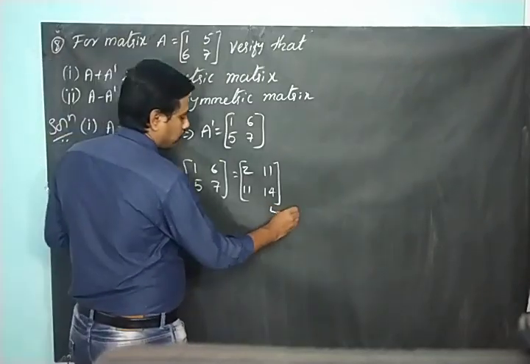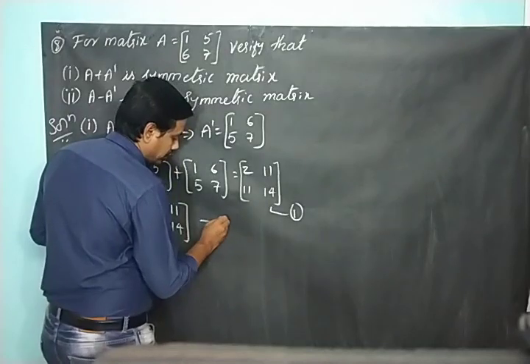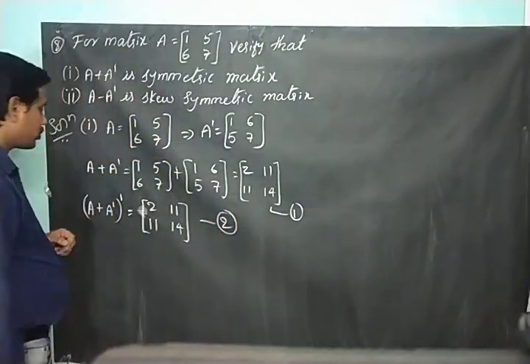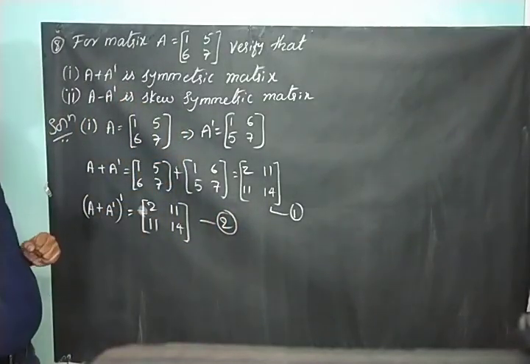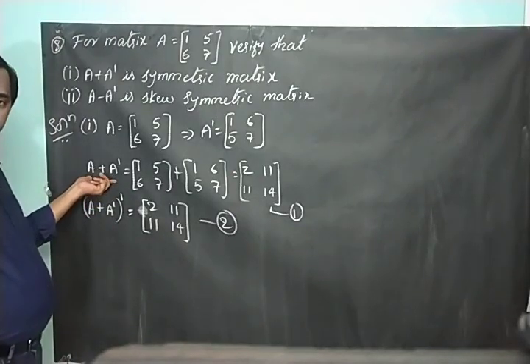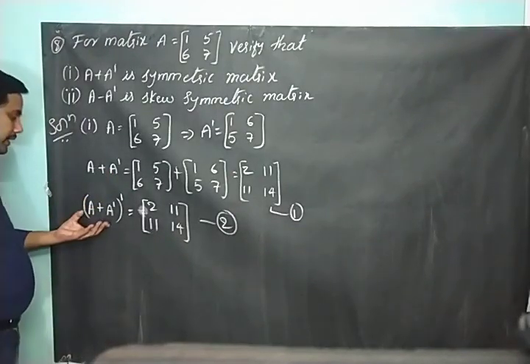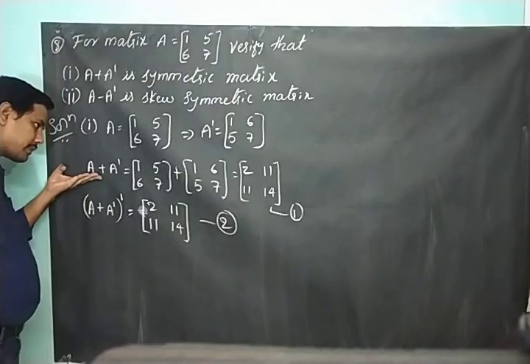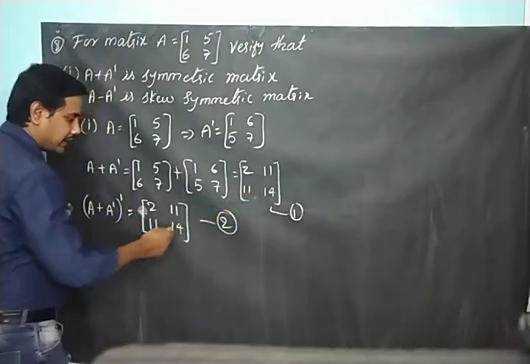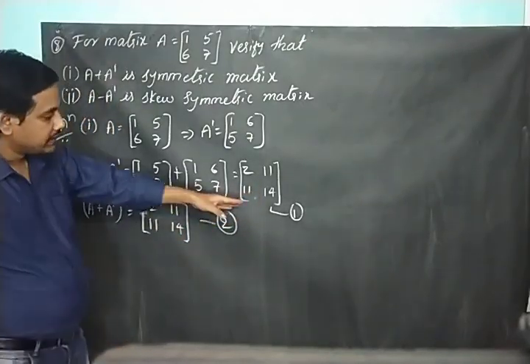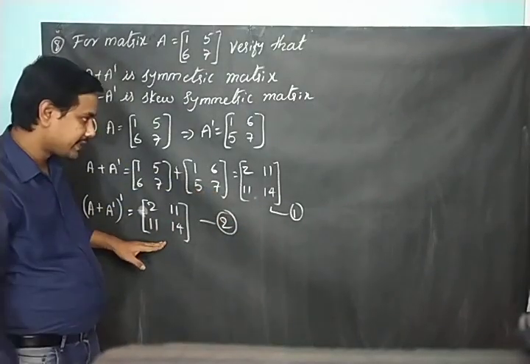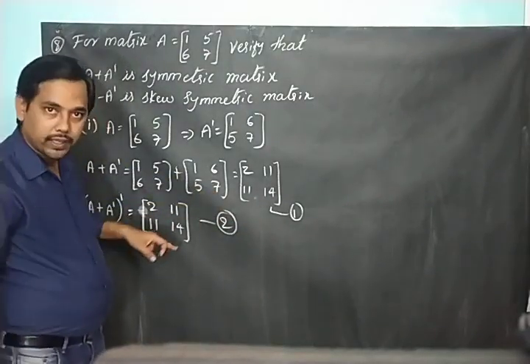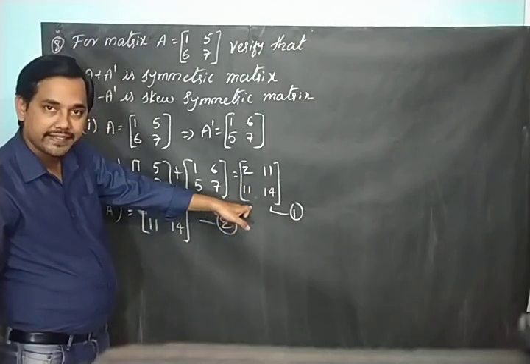Let this be equation 1 and this be equation 2. You can see equations 1 and 2 are equal. A plus A transpose is one matrix, and its transpose is also equal. So this is the original matrix, this is its transpose. Both are equal.